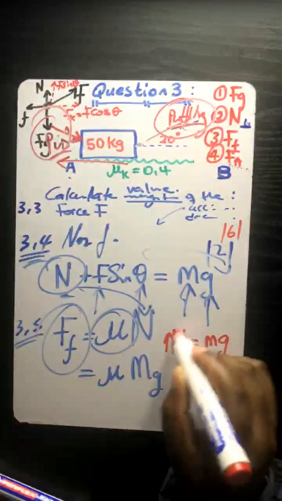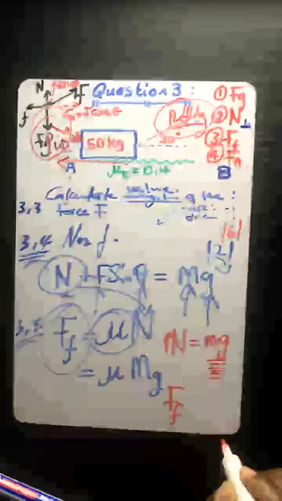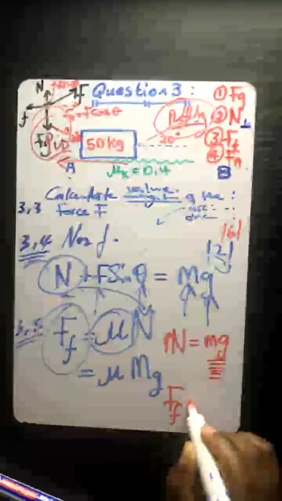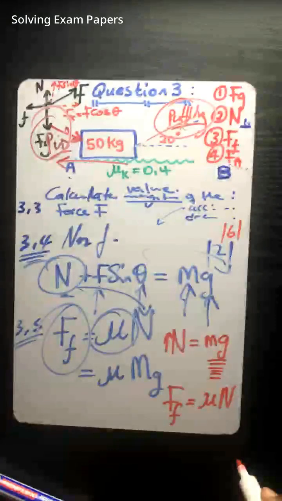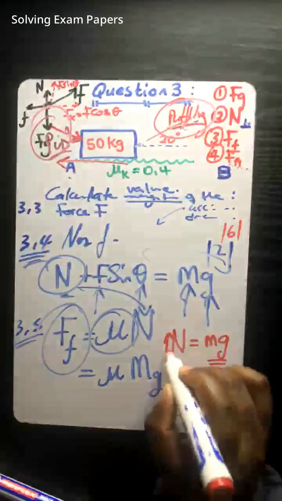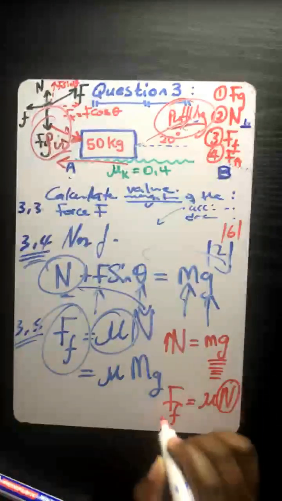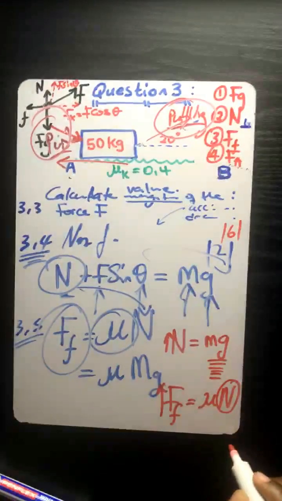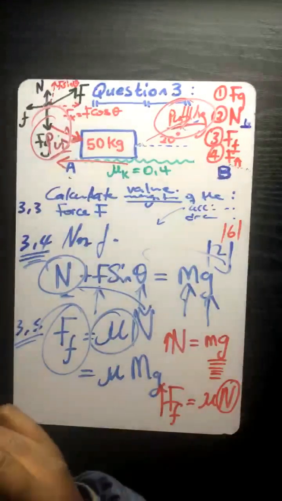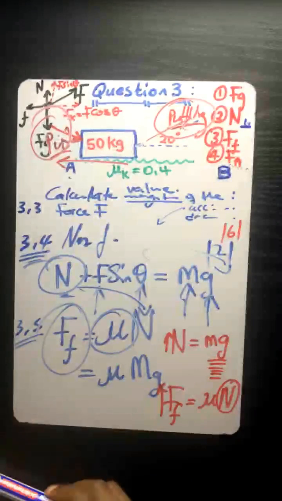And when the normal force increases, what happens to the frictional force? We know that this is the formula for the frictional force. So if N is increasing, that means here you're going to have an increased value, which will increase the frictional force. So with what I've said, that's how you can possibly answer that question.